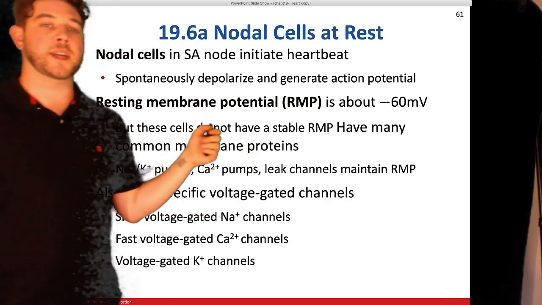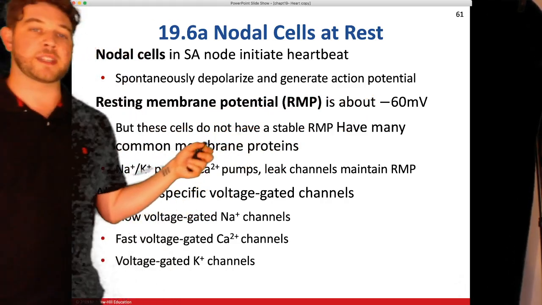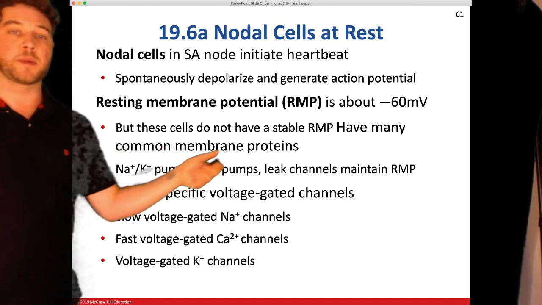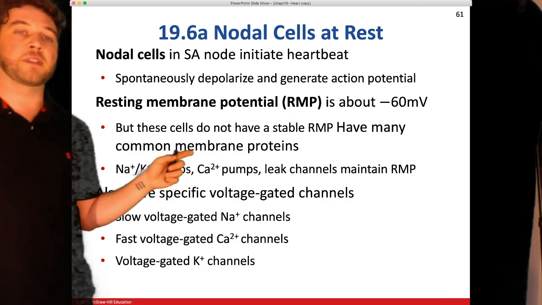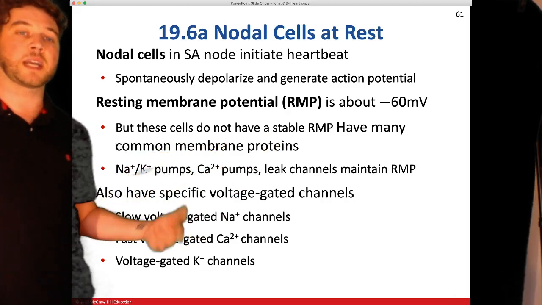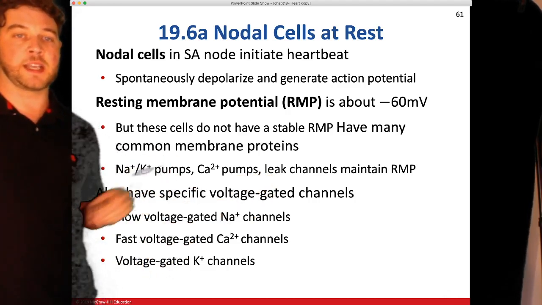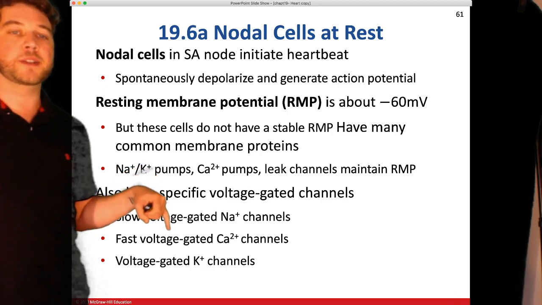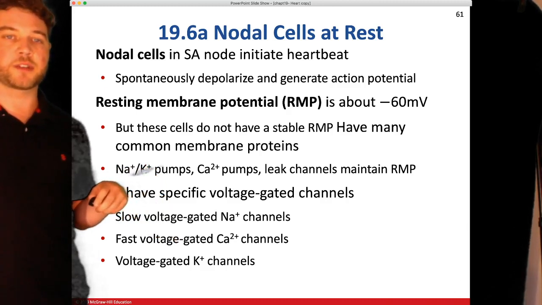For heart cells, the resting membrane potential is about negative 60 millivolts, but the cells do not have a stable resting membrane potential. They have a lot of membrane proteins, sodium potassium pumps, calcium pumps, and leak channels that help to maintain that resting membrane potential, as well as slow sodium, fast calcium, and voltage-gated potassium channels.